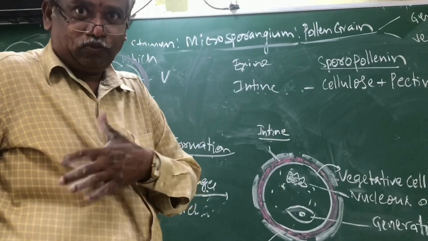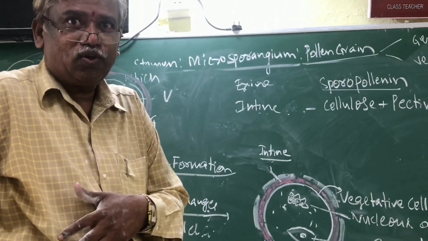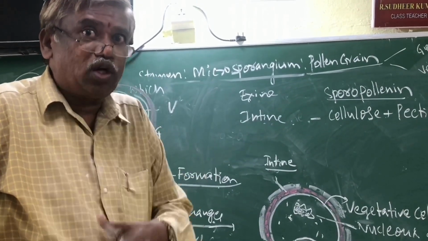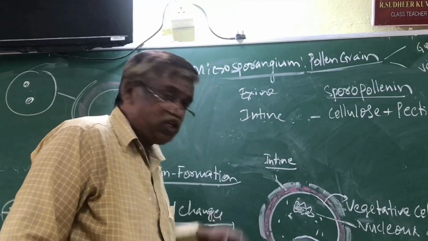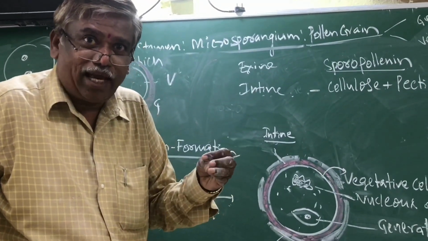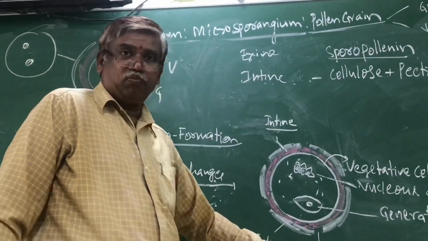Suppose the shirt has some apertures. Where the aperture is there is no cloth. Similarly, where the aperture is there is no exine. The absence of exine externally indicates an aperture. This aperture is called a germpore.